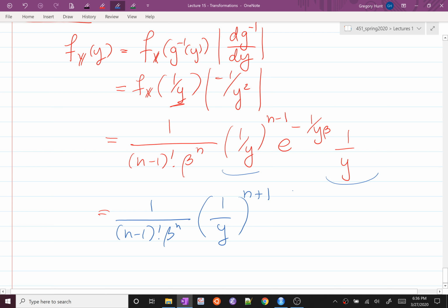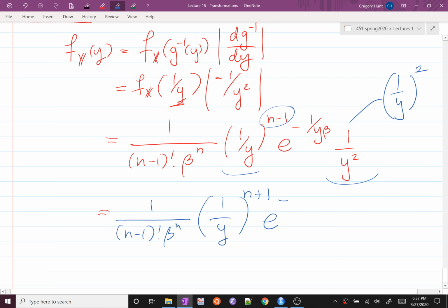So I can add the 2 onto the exponent and get n plus 1. And we have our e to the negative 1 over y beta. And this is true for y bigger than 0.